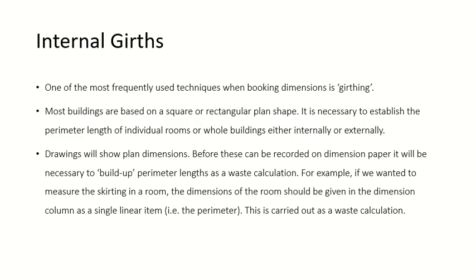So this skirting is calculated using the girth length. Which one, internal or external? Internal. And then there can be other examples as well, which will be given later on.